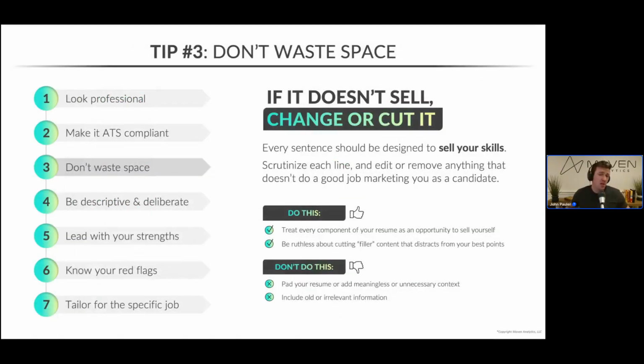Next one, and this really comes down to that 6-second rule. If there is something on your resume that doesn't sell you, either rewrite it differently so that it does, or get it out of there entirely, right?